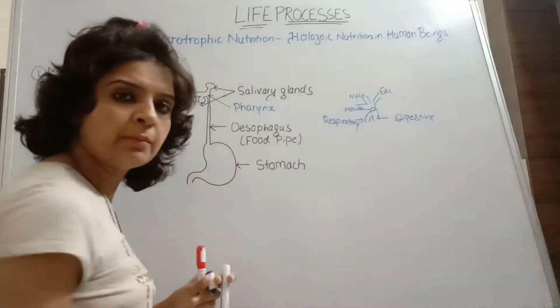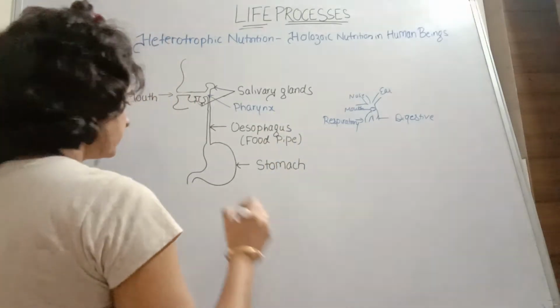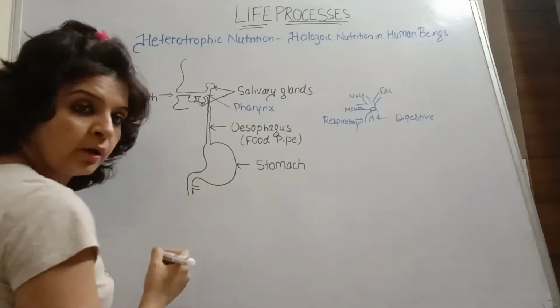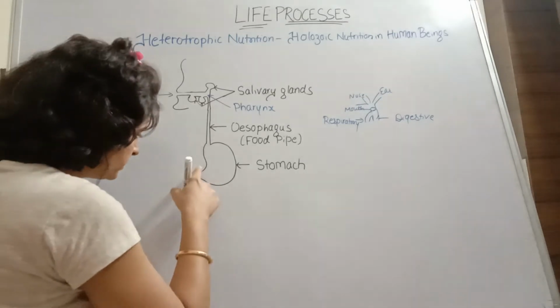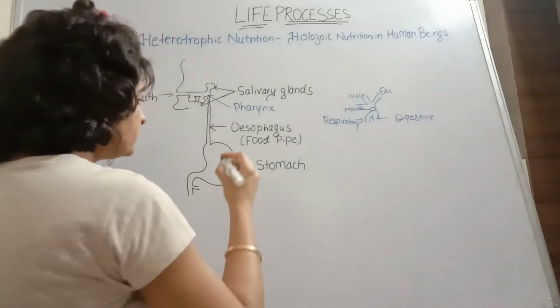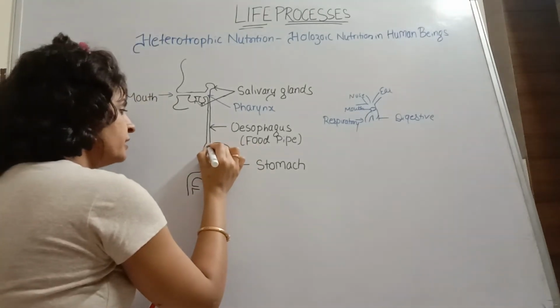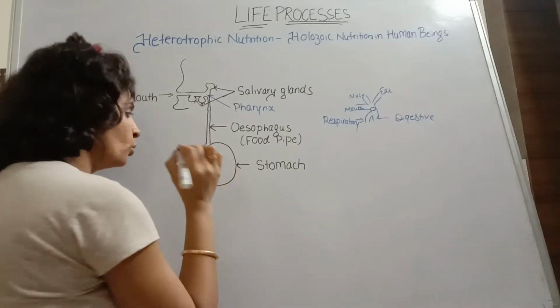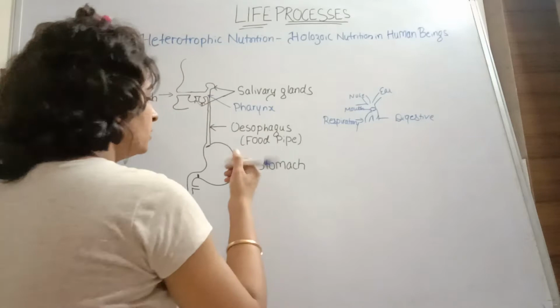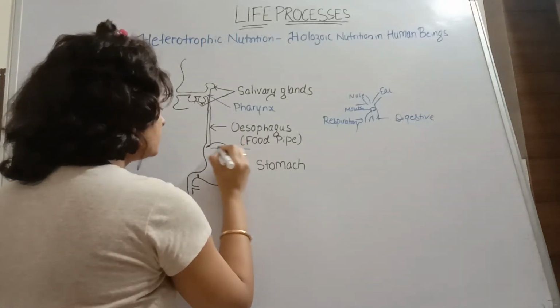This is a stomach. The stomach is further divided. It is just moving downward with a tube, but the stomach is actually guarded by two doors. And these two doors are termed as the sphincters.